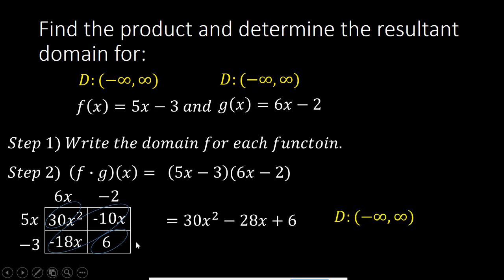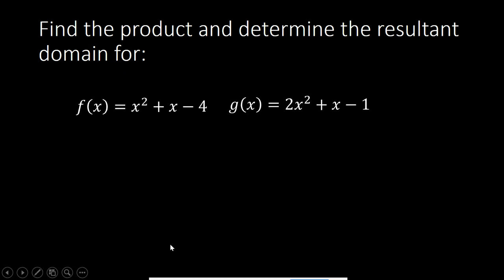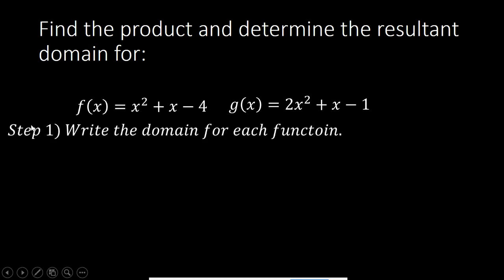And this table will make a little bit more sense, hopefully, when we do the next problem, which is the product of a trinomial and a trinomial. Three terms. Because I want the resultant domain in the end, let's just do step one. What's the domain of all quadratics and all quadratics? This is kind of the easy part. The domain's the easy part on the ones that have no domain restrictions.